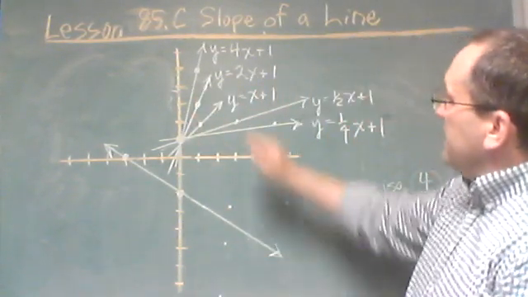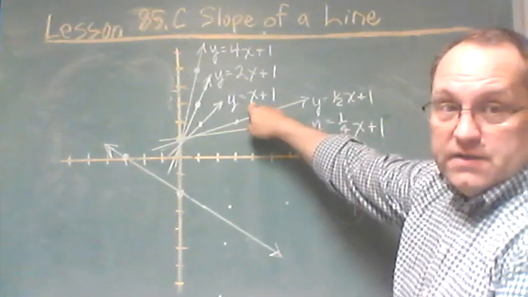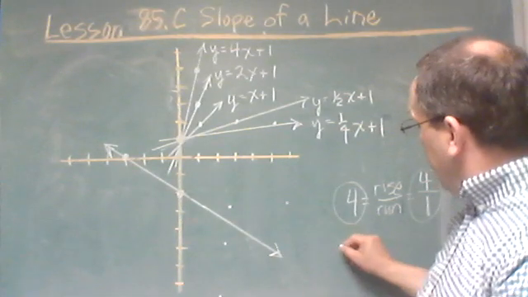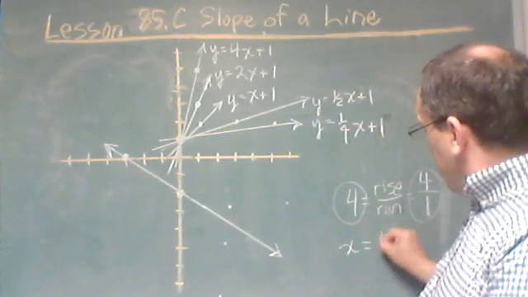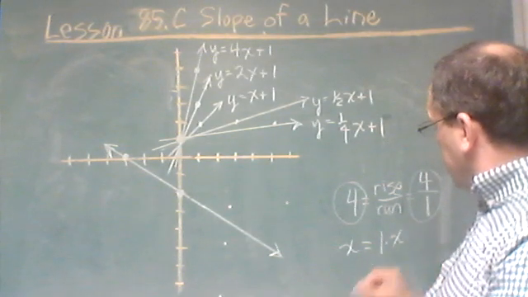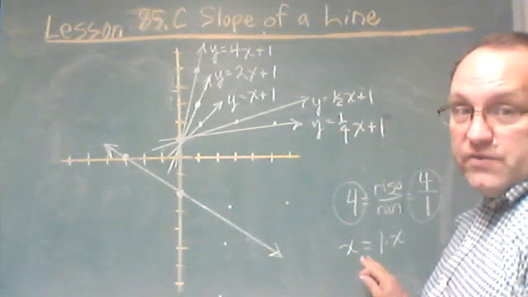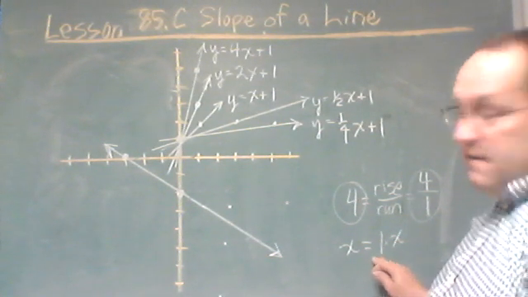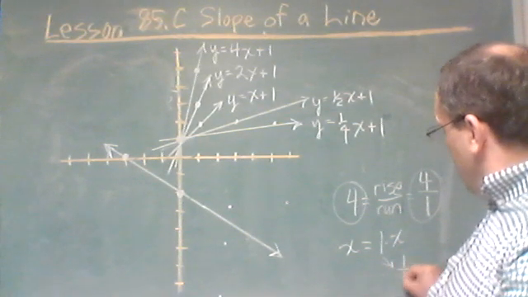If I don't have a number in front of x here, it's just x. If it's just x, we recognize that is the same as 1 times x. We don't typically write 1 times x, we just write x. And then we recognize the slope of that is the same as 1 over 1.